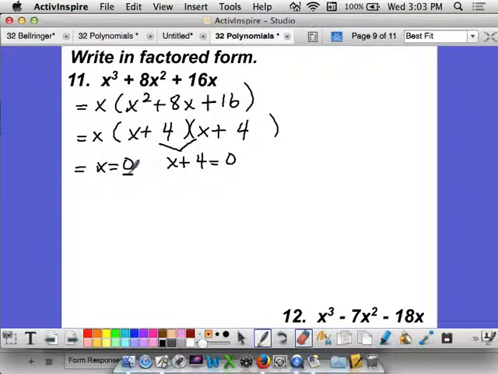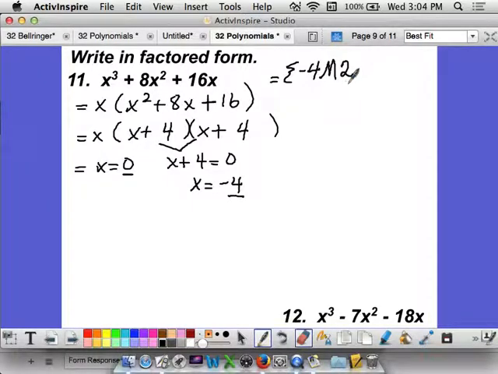So I have a 0 here, and I have x is equal to negative 4. So when I write my final answer, I have negative 4 as a 0. But I look at this and go, hey, there are 2 of them. And now I know to write that it has a multiplicity of 2. Do not write it as an exponent, because if you wrote 4 squared, that would be 16, and that would not be correct.